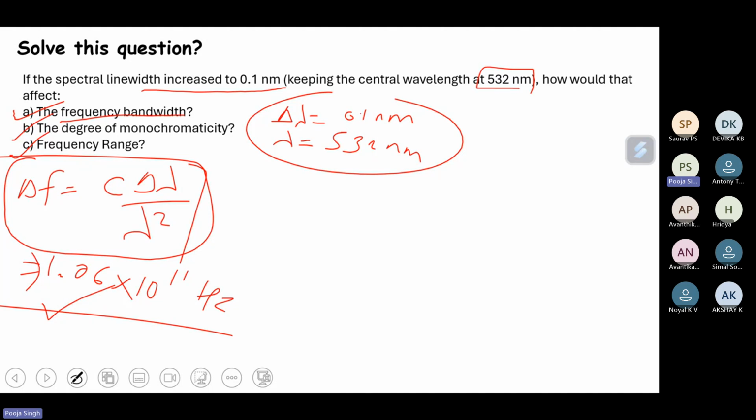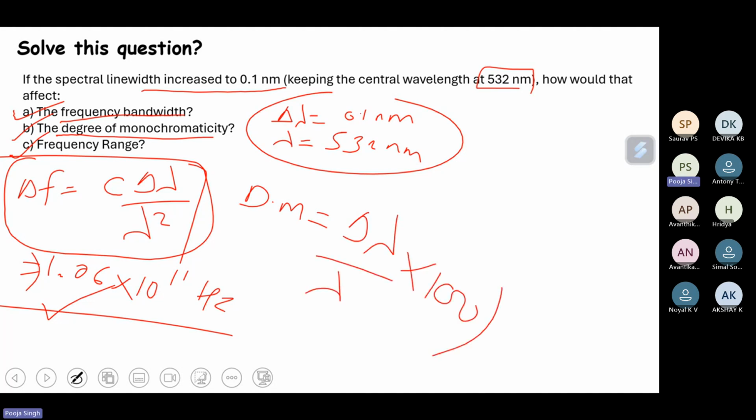Very good. Next is the degree of monochromaticity. This is also simple; you have to use the formula. I'm writing DM equals delta lambda upon lambda into 100. Can you tell me what value is coming?